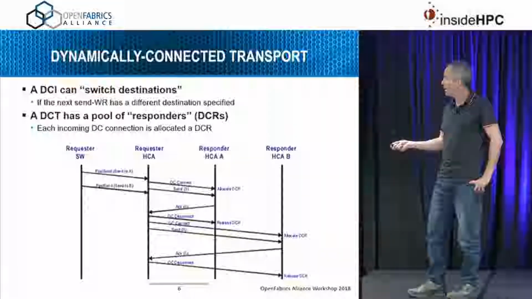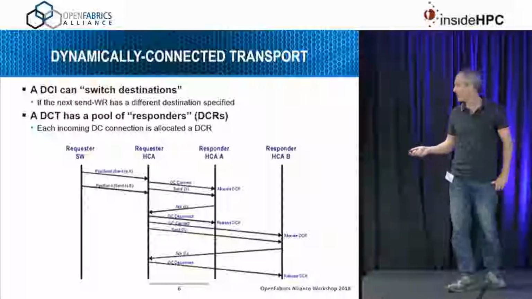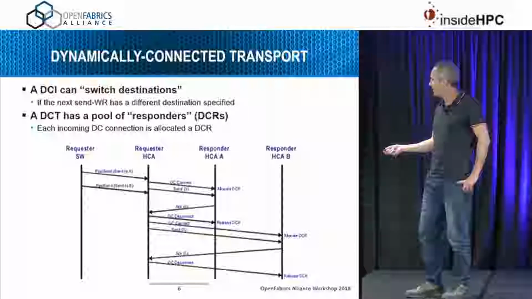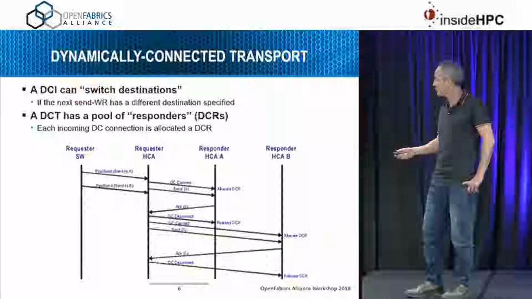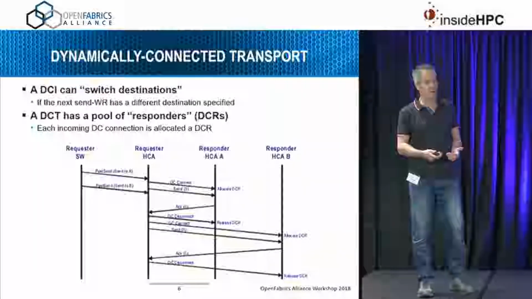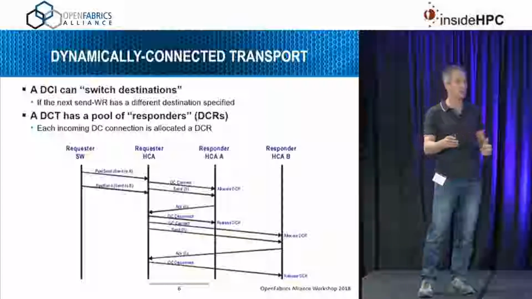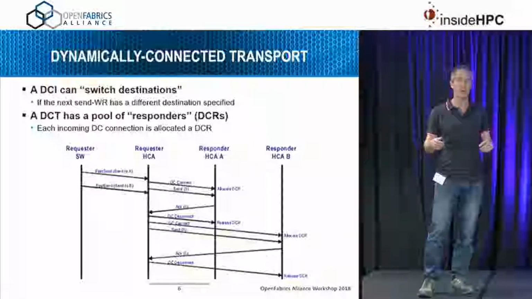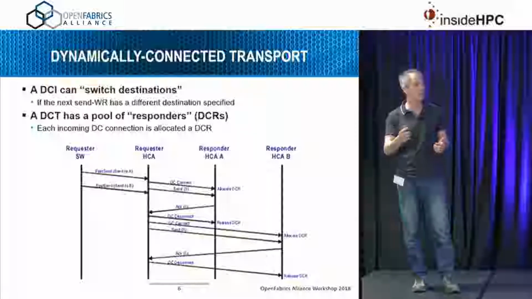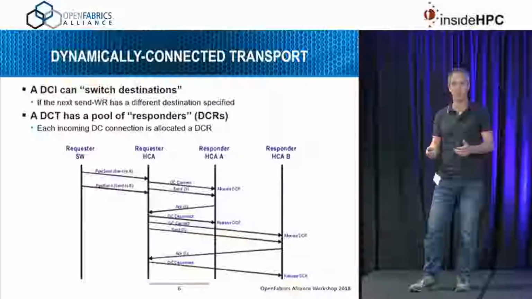The moment hardware sees this is completed, it will disconnect and initiate another connect to the second destination once it gets the work request, and again complete the send operation, acknowledge, and disconnect from this one. So we're getting RC capability, but it can very quickly switch destinations. We don't have to pay the higher cost of reestablishing and tearing down an RC connection, which can be quite heavy when we're dealing with low latency.